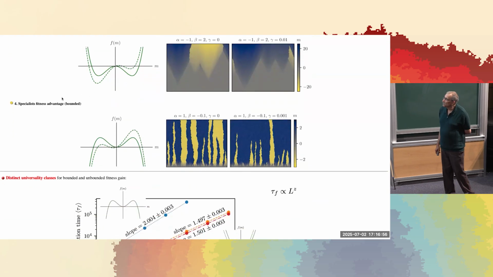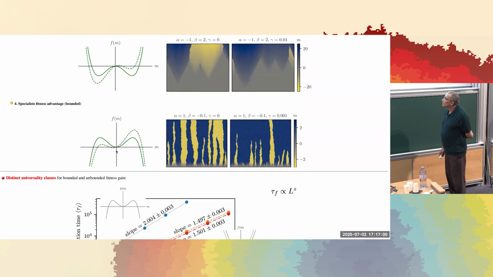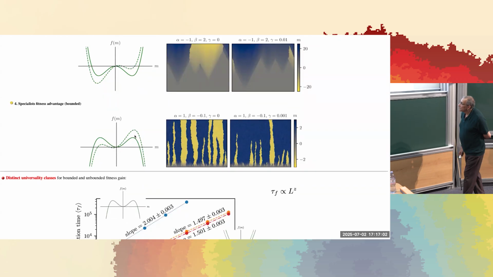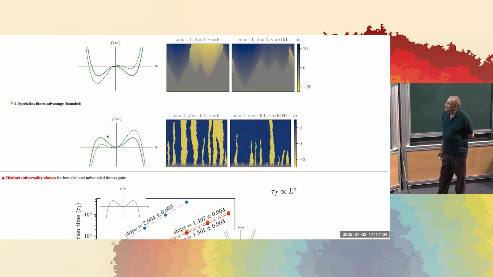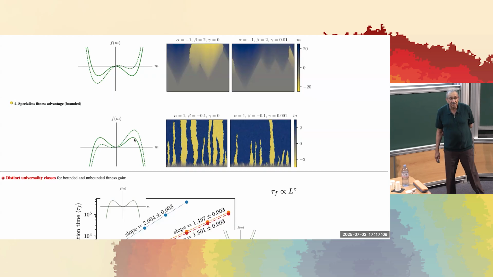And finally, maybe more interesting, is it may be that m equals 0 is unfit and you want to specialize, but there is so much fitness that you can gain through specialization.